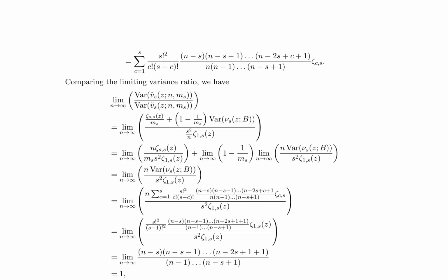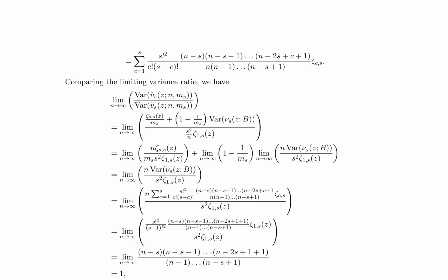The page delves into the limiting variance ratio of the estimator and its comparison to the variance of the projected estimator. The variances for both estimators are first expressed using combinatorial formulas and the definition of ζ_c,s(Z).